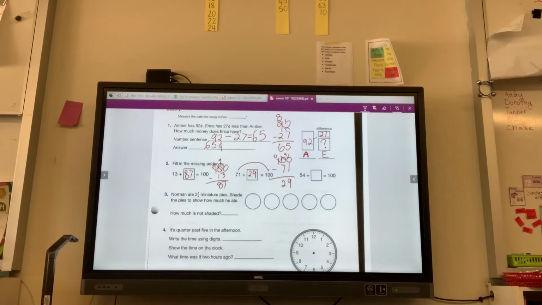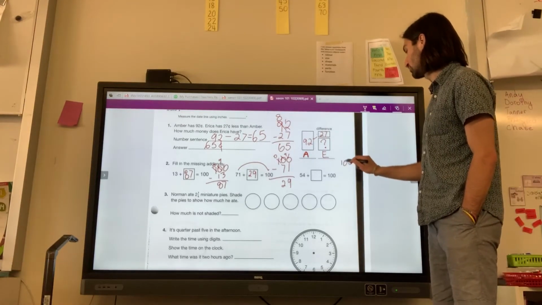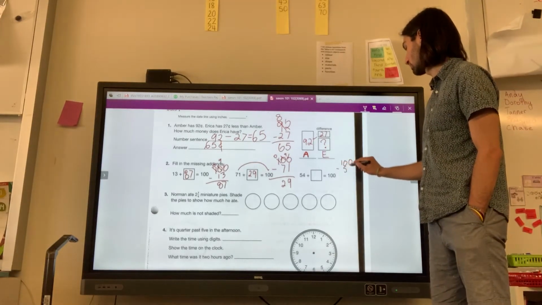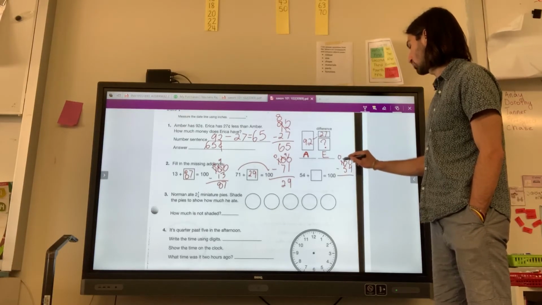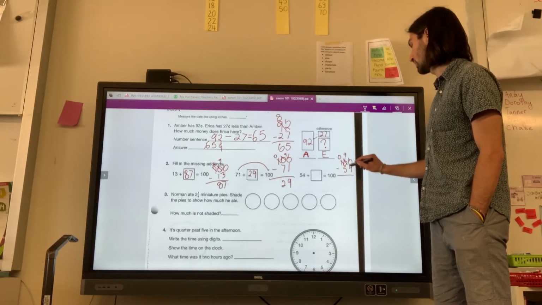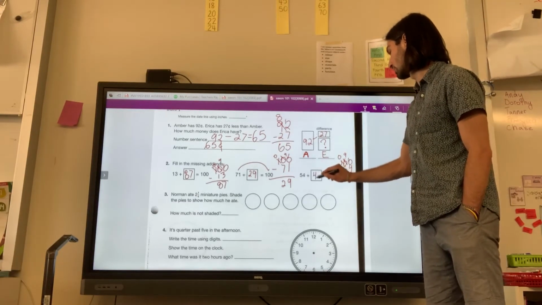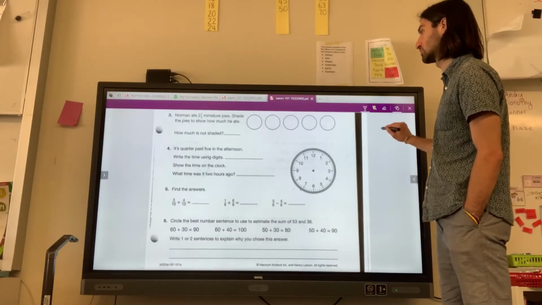Just like that. Same thing here. 100, what are we going to be doing? 100 take away what? 100 take away 54. Okay. We have to borrow all the way across zeros. Remember how to do that. Again, if I'm going too fast, you guys can just slow me down.